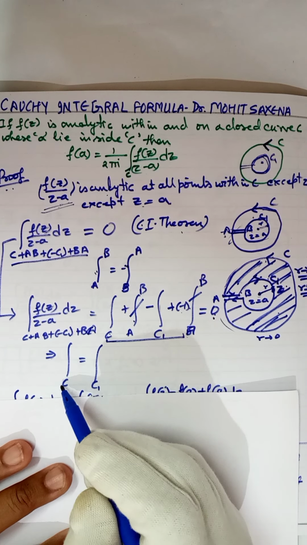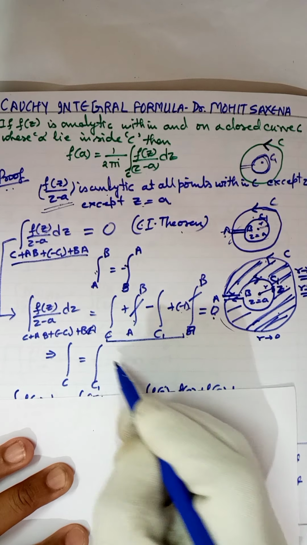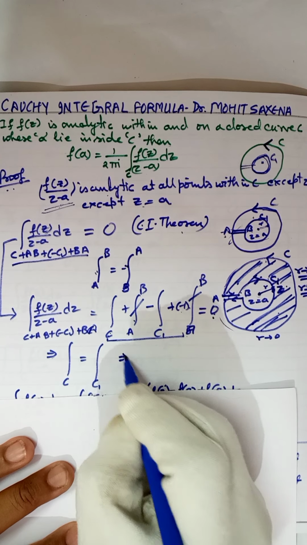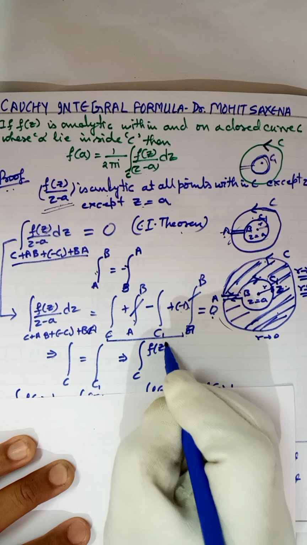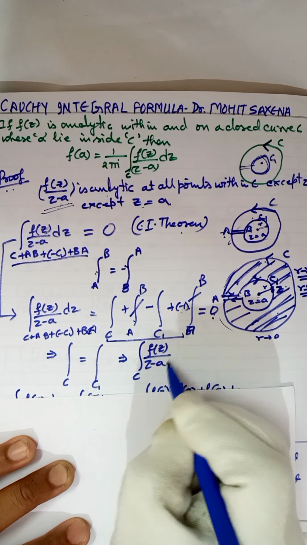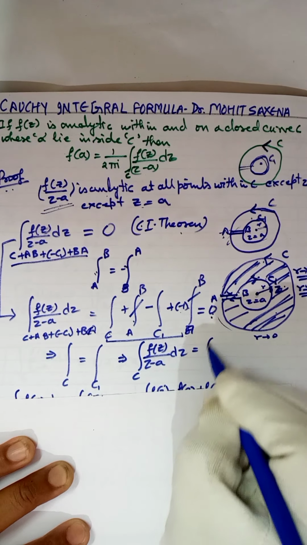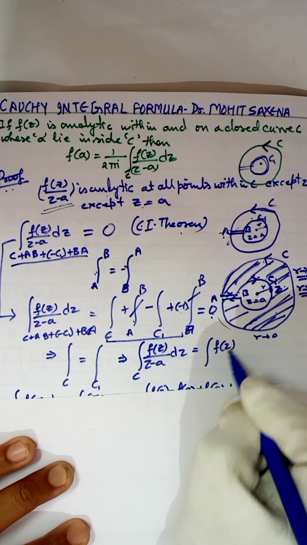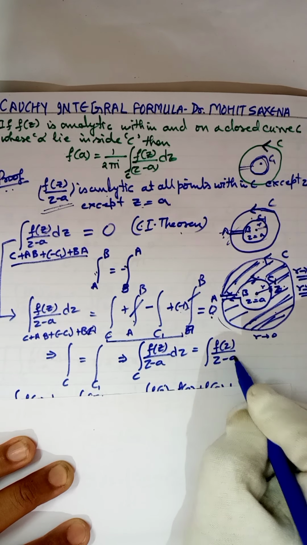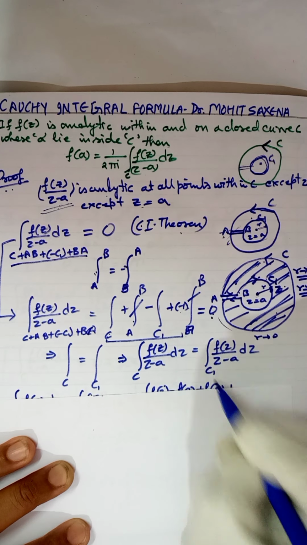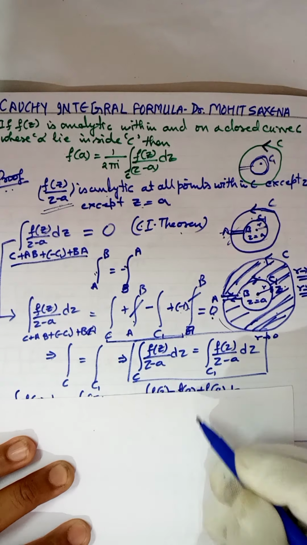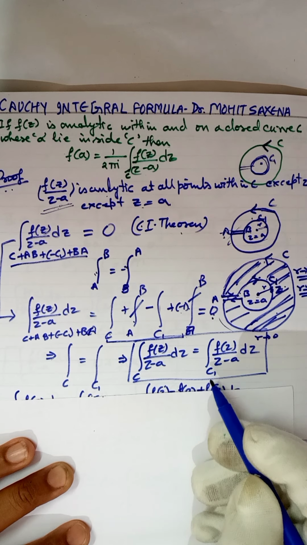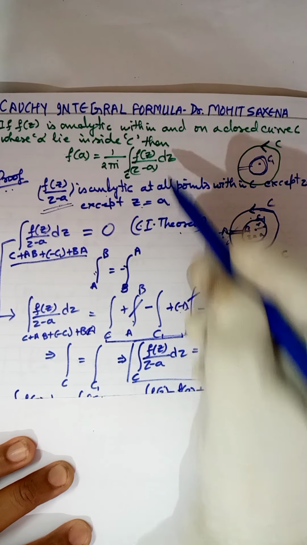That is, the integral over C of f(z) upon z minus a, dz, is equal to the integral of f(z) upon z minus a, dz, over C1. Both of them are the same. This is an important point. Now how can we prove this particular Cauchy integral formula?